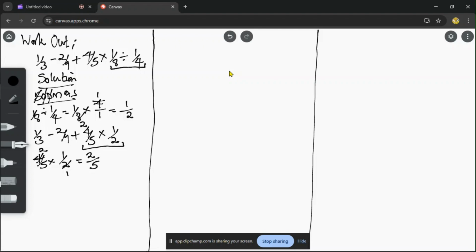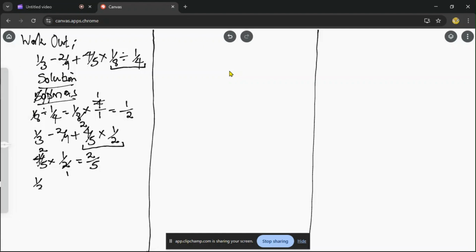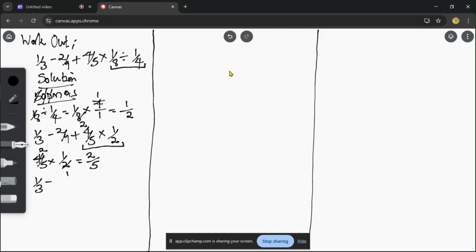I go ahead and write this one, 1 all over 3. I am subtracting 2 all over 9. Then I am adding the answer that I got here. It was 2 all over 5. When I am having subtraction and addition alone, then I can continue to follow the order. Now I'm done with the multiplication.